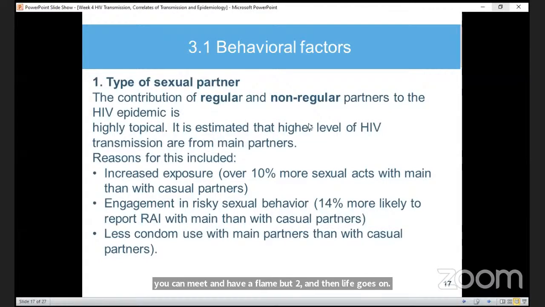So it is said that with regular sexual partners, the chance of transmission is higher than with non-regular, though on the flip side, you will also find that with non-regular, of course, there are consequences. But regular, the chances of transmission are higher. Why?